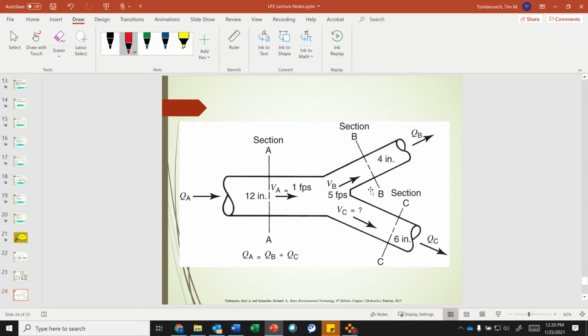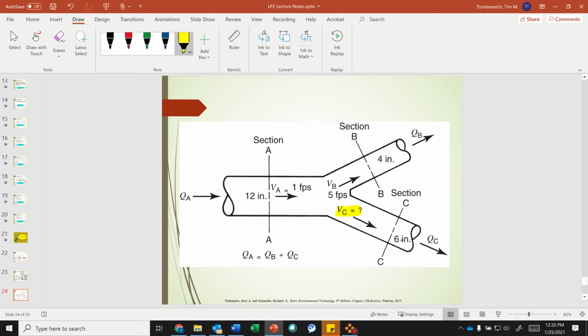All right, 2.10 on page 31. For the branching pipe section shown in figure 2.12, which is what we're looking at, compute the velocity of the flow at section C, in the 6-inch diameter.